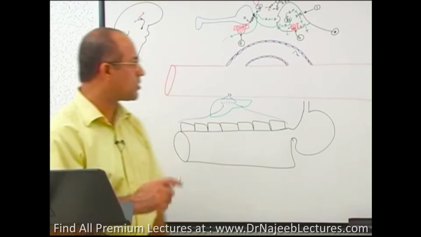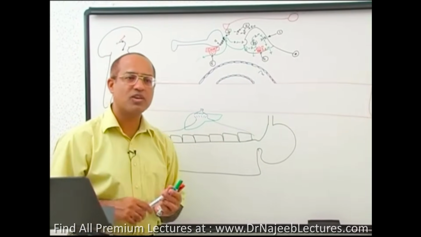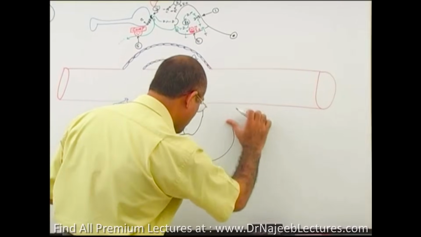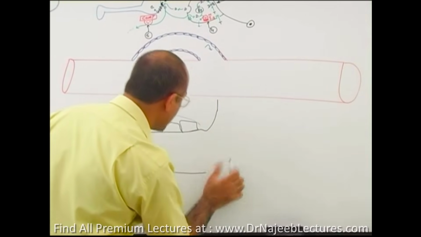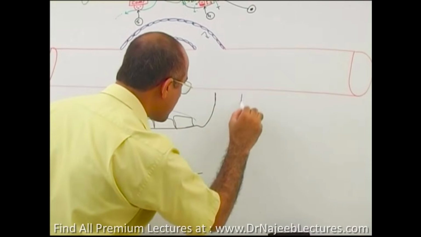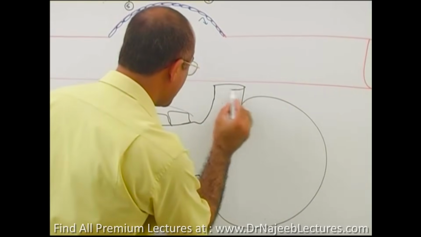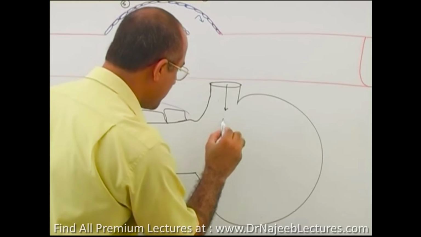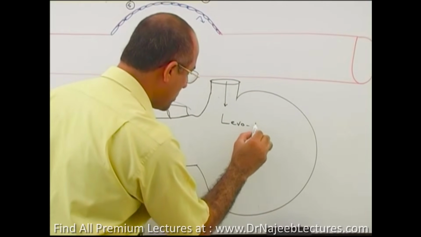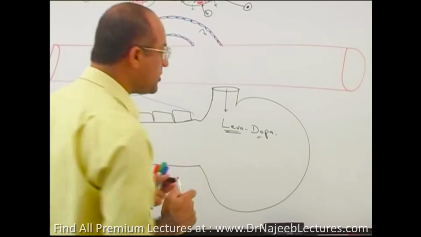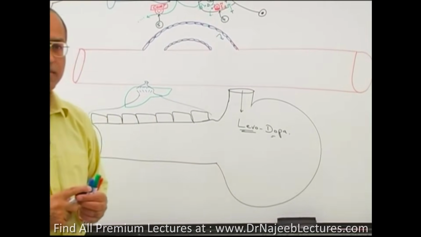Right, now we start with the drug. First of all, we'll talk about the most classical drug, which is levodopa. Levodopa is a precursor, the immediate precursor of dopamine.